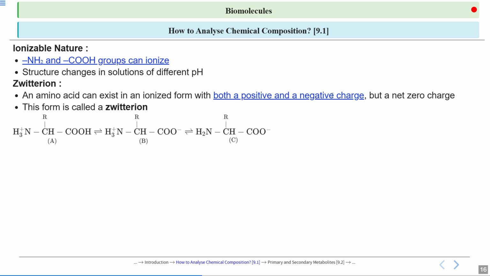It has both a positive and a negative charge, but a net zero charge. You can see here, this B is the zwitterion. It has a positive charge and a negative charge, but the net charge is zero. So this structure B is the zwitterionic form.